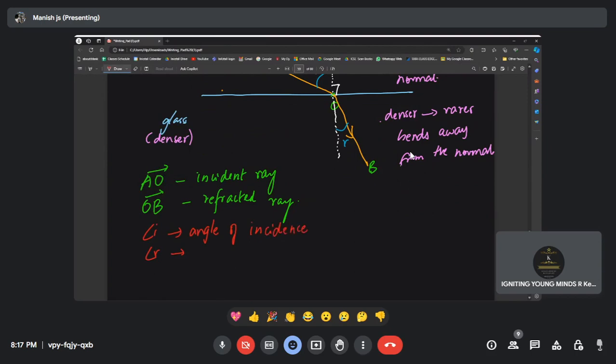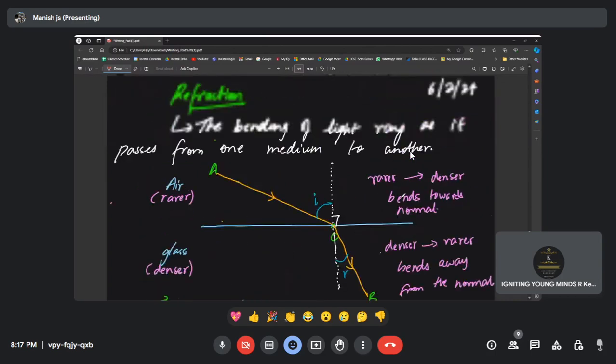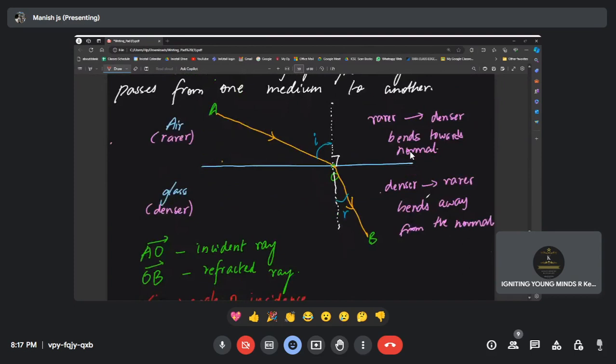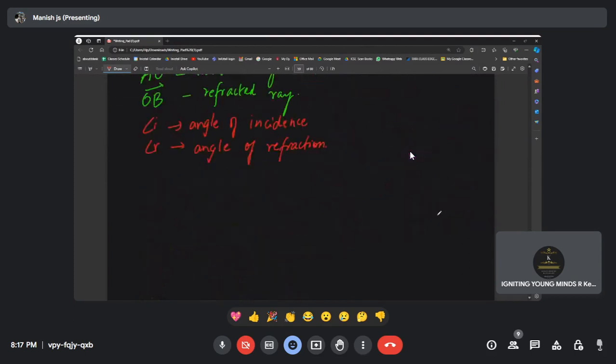This is the angle of incidence, and angle R is the angle of refraction. So these are the different terminologies that you will have to know as far as refraction of light is concerned. So now we move on.